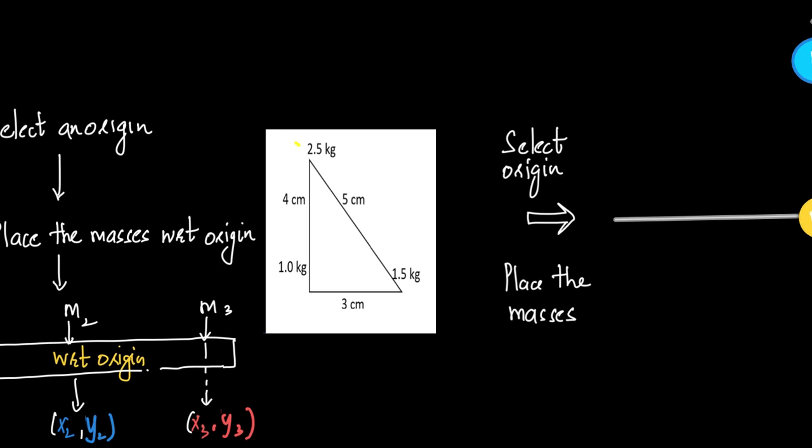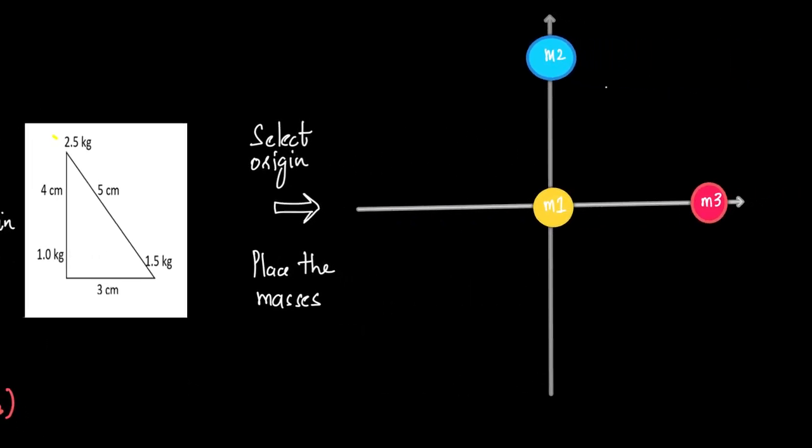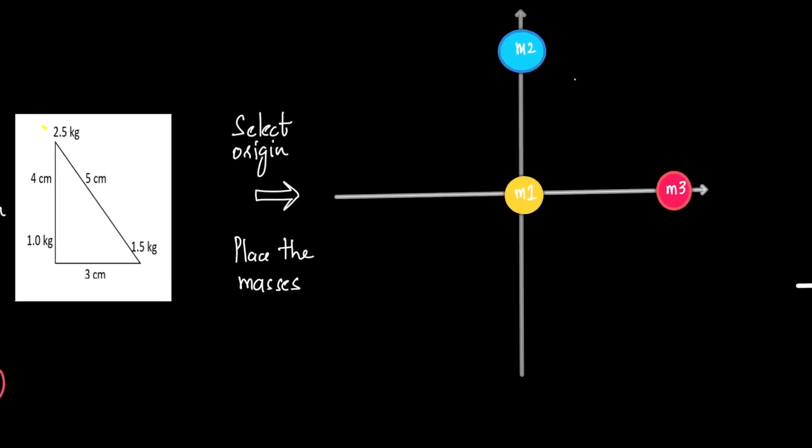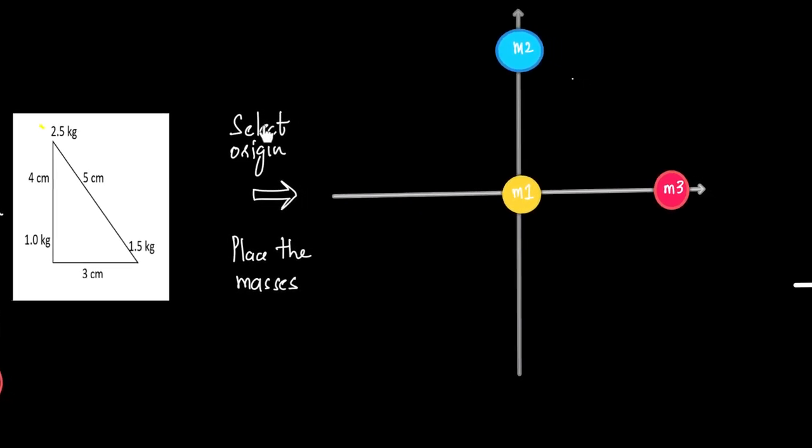So, what I have done here is select an origin. I've assumed the 1 kilogram mass to be the origin. We have m2 2.5 and m3 1.5 kept along the y and x axis respectively.